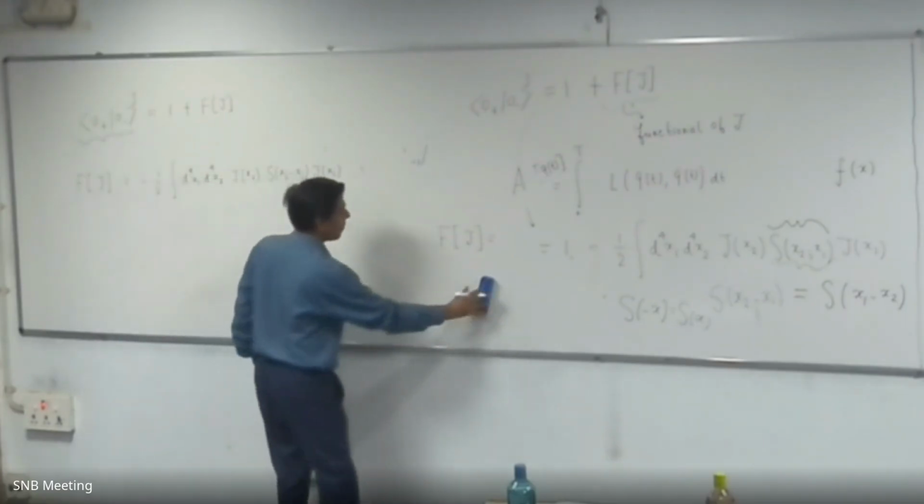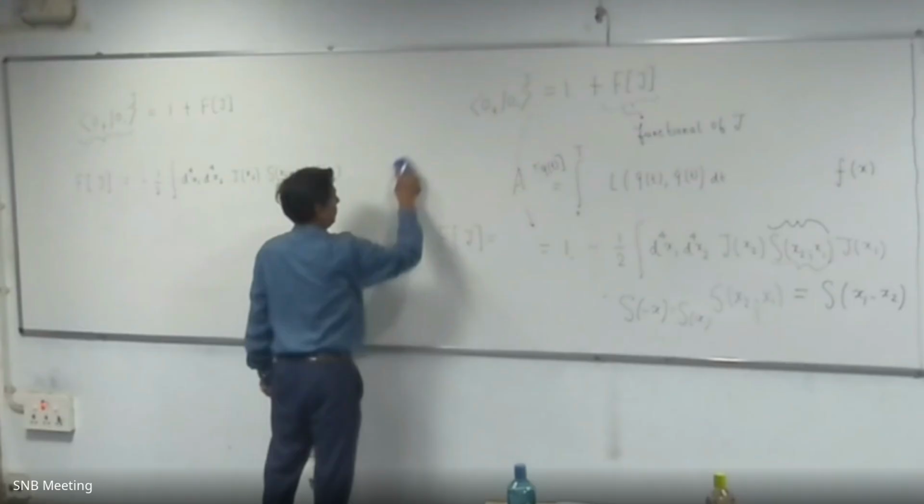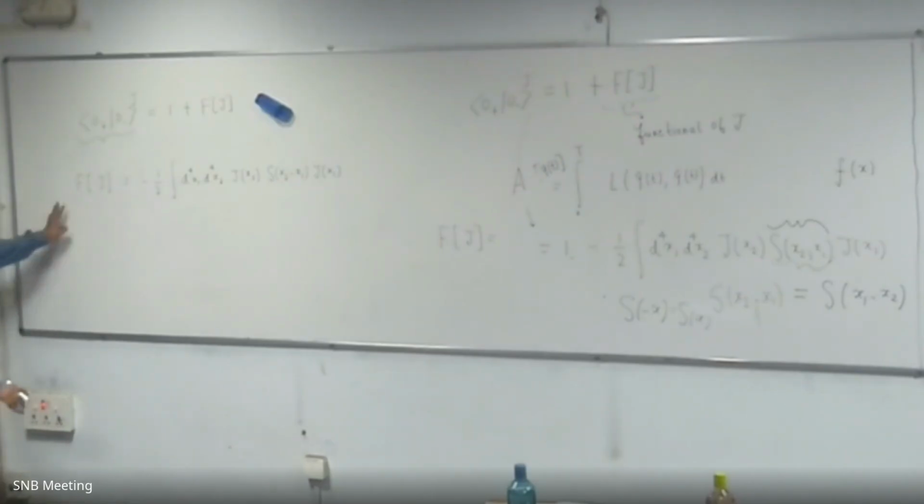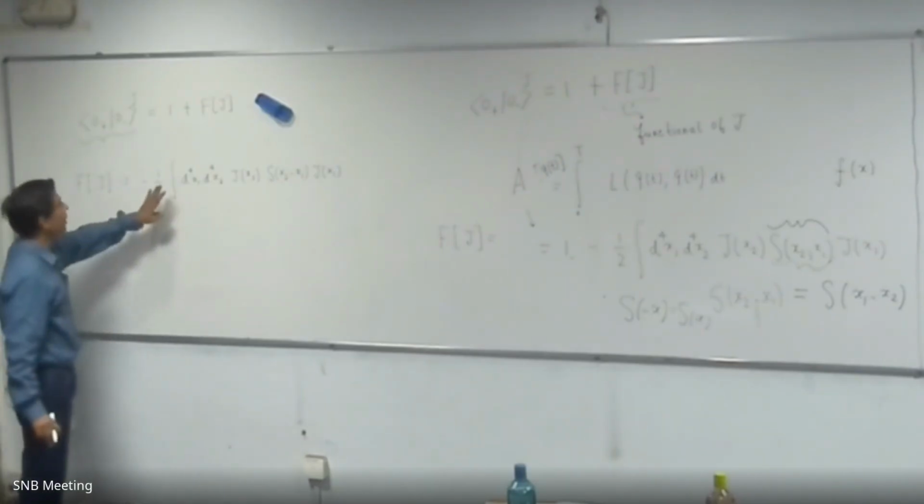This is what we have. And I tried to motivate why it should be a quadratic functional of j.